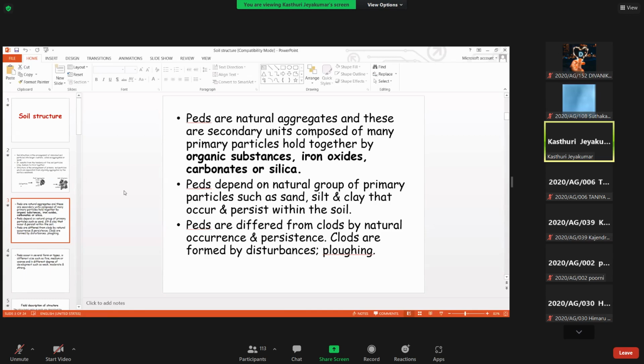Then the arrangement of these peds or aggregates we call structure. Peds and clods are different terms. Peds form naturally. Clods are artificial, formed by management practices, for example plowing or any other mechanical disturbance.